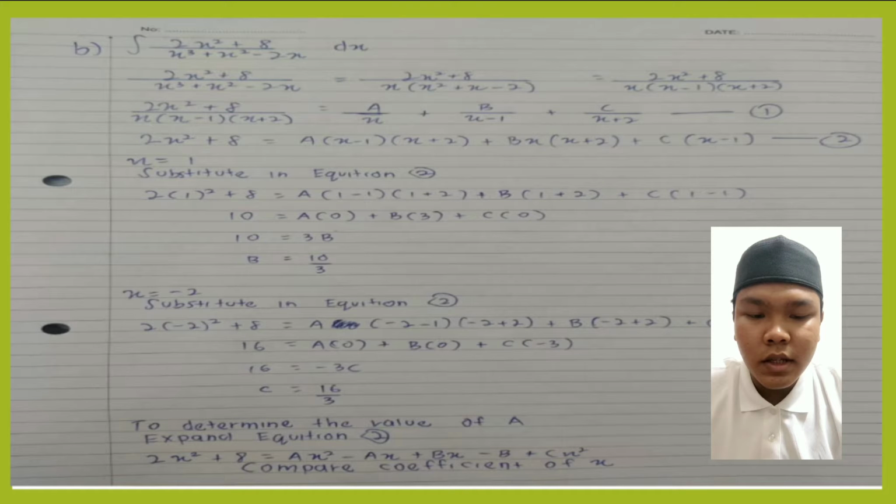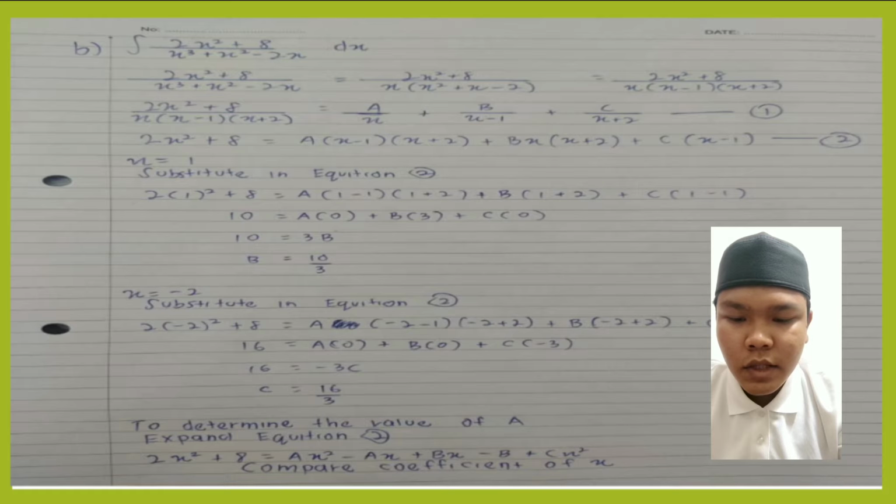Firstly, factor the expression x cubed plus x squared minus 2x and get x bracket x minus 1 bracket x plus 2 as the first equation. 2x squared plus 8 over x bracket x minus 1 bracket x plus 2 equals a over x plus b over x minus 1 plus c over x plus 2, as the first equation.